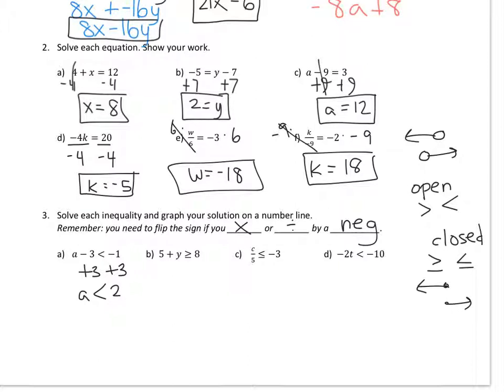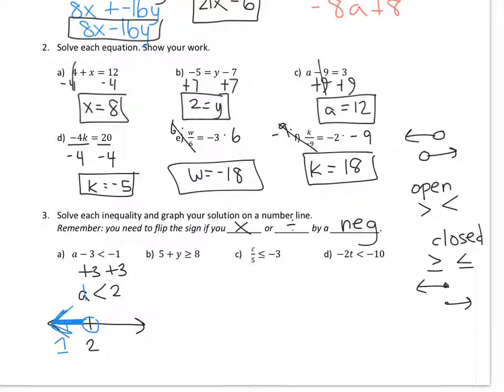So this is going to be an open dot at 2, make an open circle, and numbers that are less than 2, like 1, 1 is less than 2, so 1's over here, so you're going to shade on the side of 1.